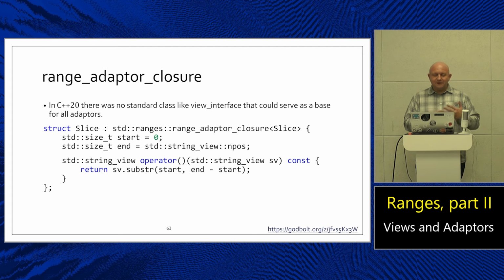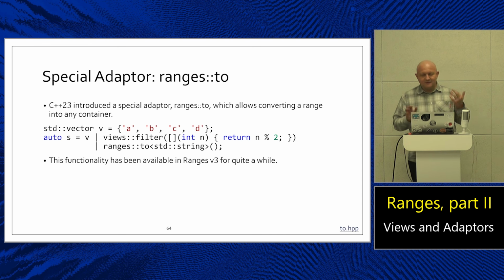So it plays nicely with pipes. And this is a grown-up version of the toy skeleton we just wrote. And in C++23, we got something even nicer. We got ranges::to. It's a general conversion adapter. Take any range and convert it to any container.